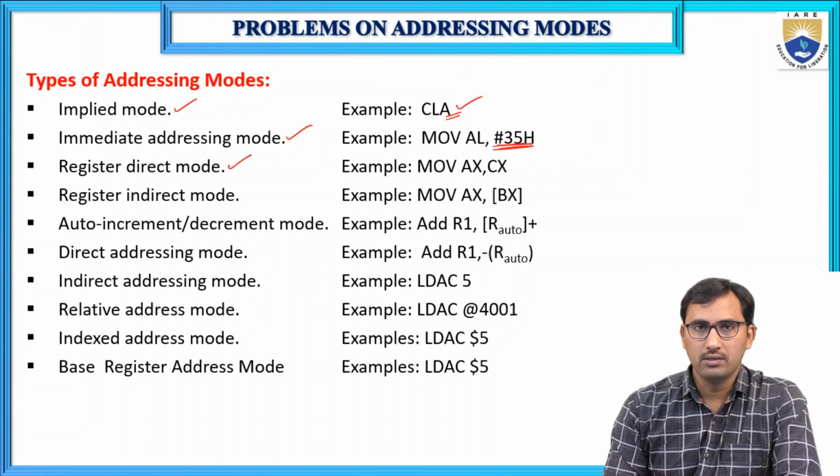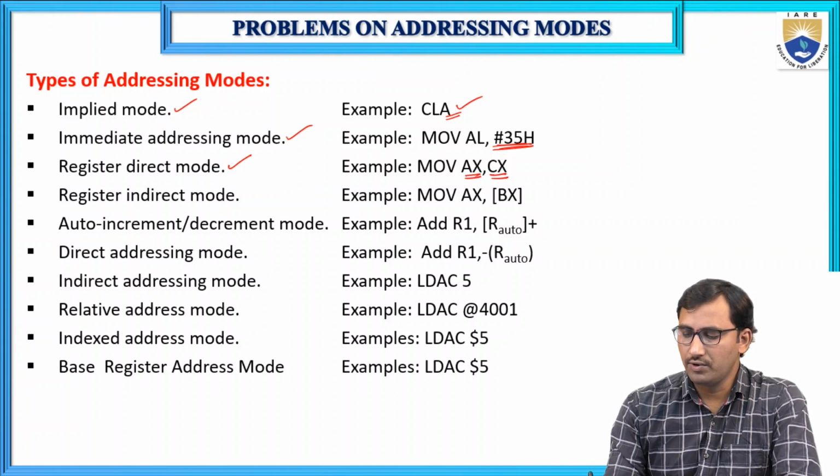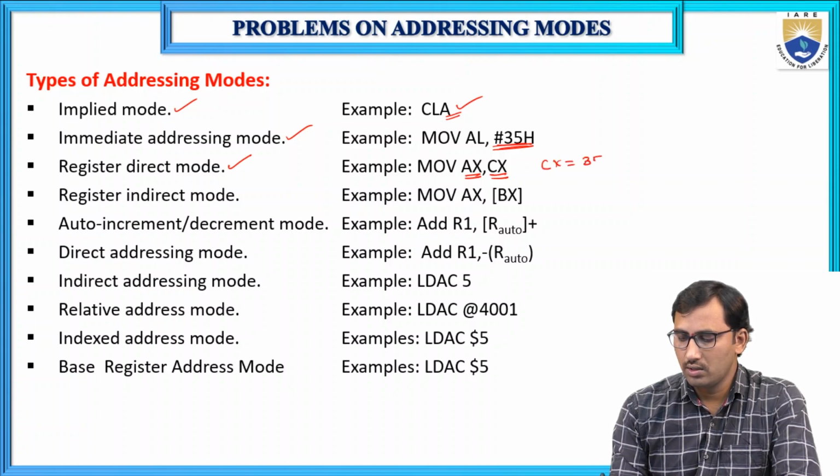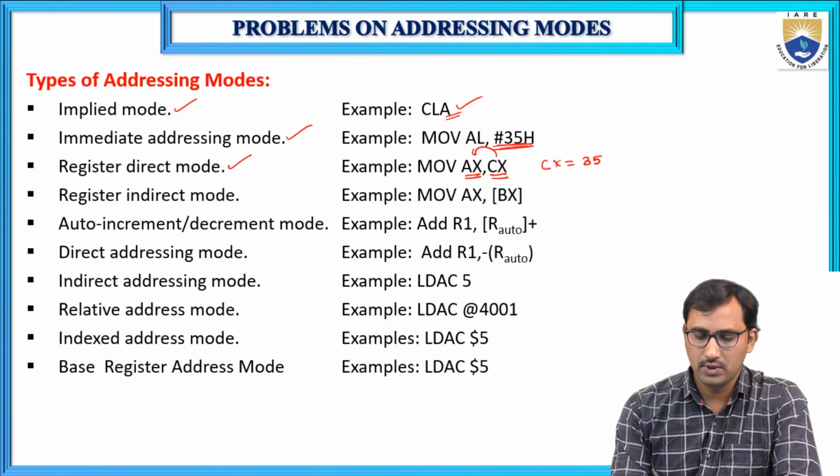Register direct. In register direct addressing mode, the operand is specified in the register. Suppose CX is equal to 35, that means 35 is the operand. That 35 we are moving to the register AX.